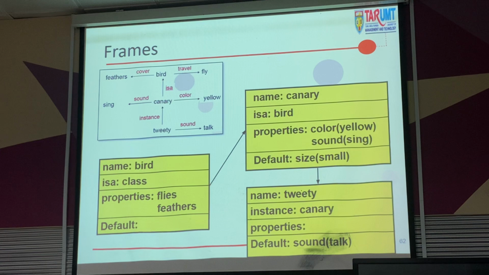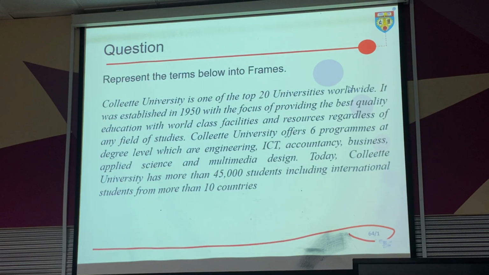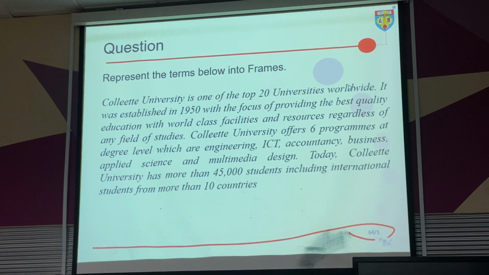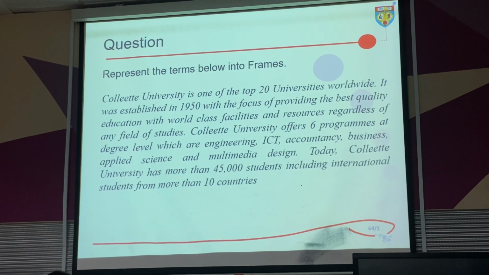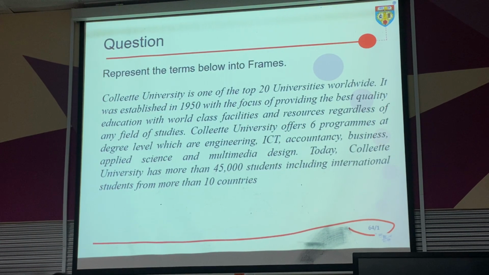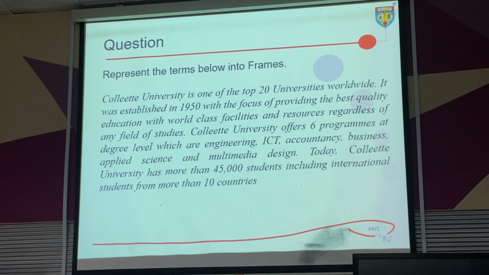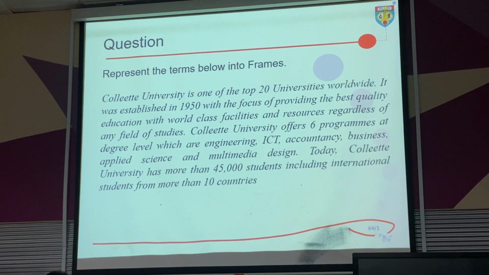Normally, we will represent the sequence of events or the properties using frames, or the sequence of events using semantic networks. Okay, so now let's look at this question back here. Can you try to put this information or this knowledge using frames? We have a university, one of the top 20 universities, established in 1950.